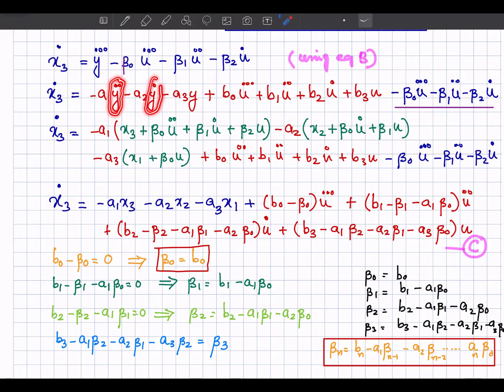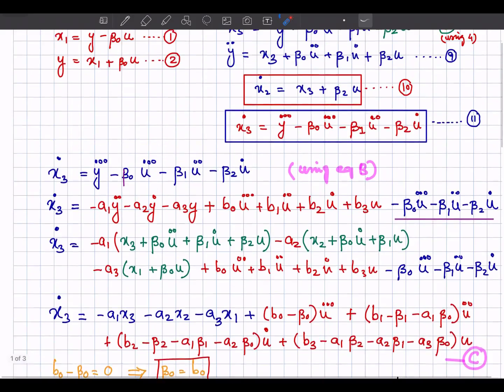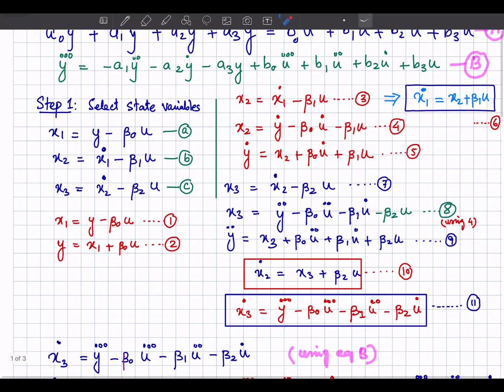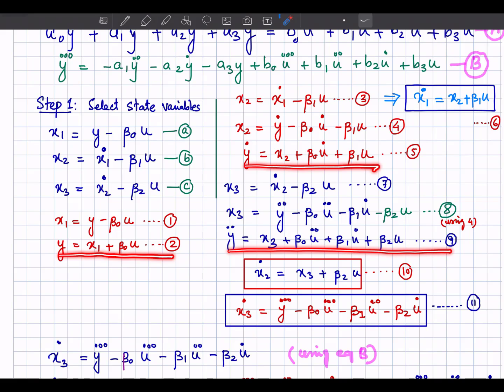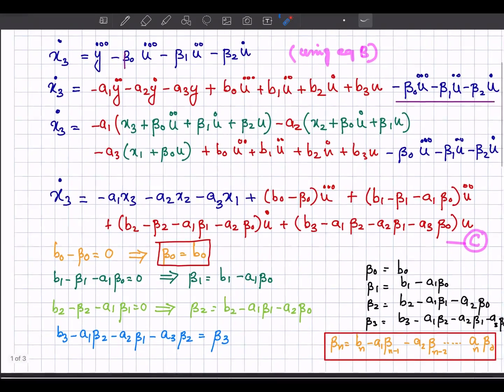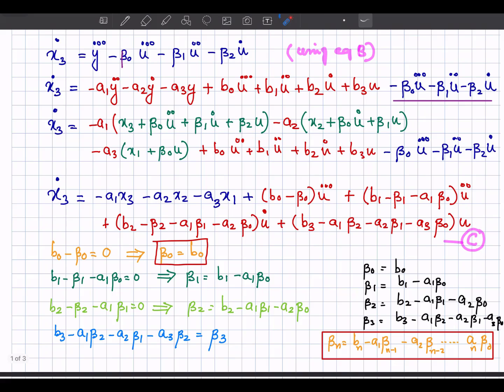Okay, now what we are going to do next is use the expressions for y double dot, y dot and y from the equations we have defined above. And what are those equations? Here you can see y is defined by this equation, equation 2, y dot is defined by this equation, that is equation 5, and y double dot is defined by this equation, that is equation 9. So using equations 2, 5 and 9 for y, y dot and y double dot, we can write down this equation like this.